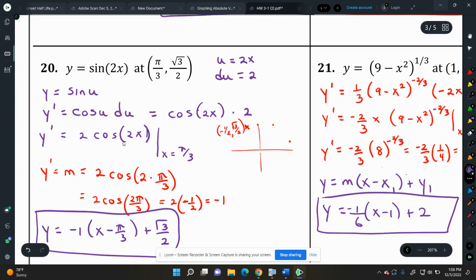Is there more to derivatives than this? Like how much farther to derivatives? So then I substituted in the pi over 3, so 2 cosine 2 pi over 3. Oh, you forgot the 2 here. Oh, okay, thank you. Yep, I got the same answer.